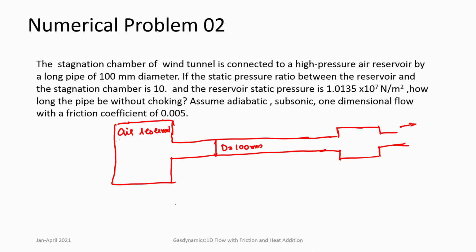So, what is given is the ratio of pressures across this. Now, if you consider reservoirs, inside the reservoir the velocities are going to be extremely small.